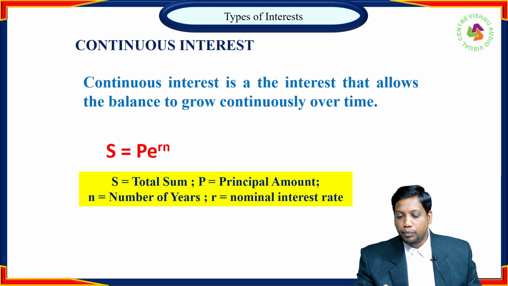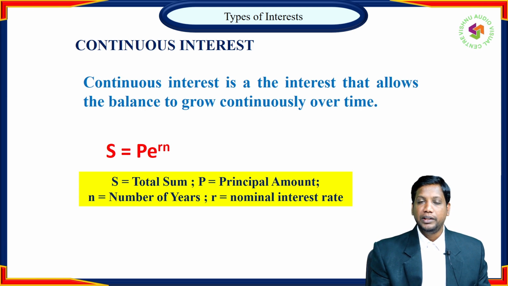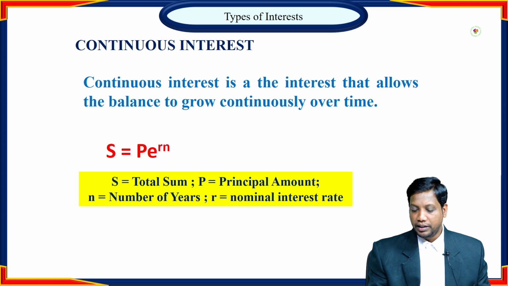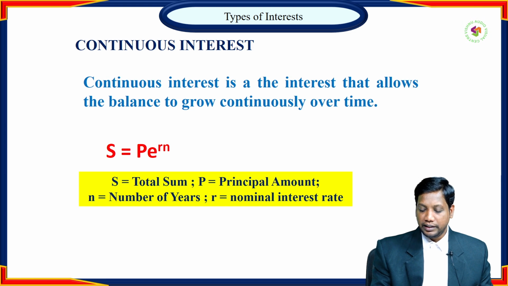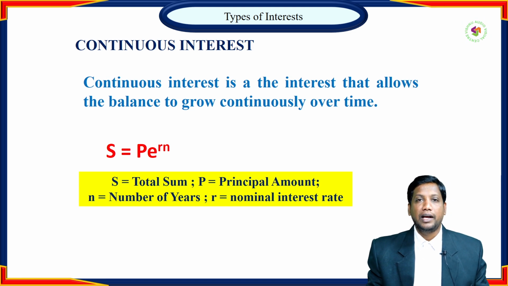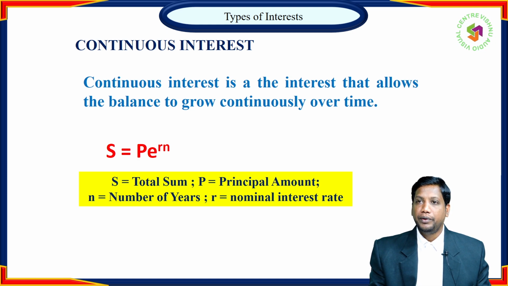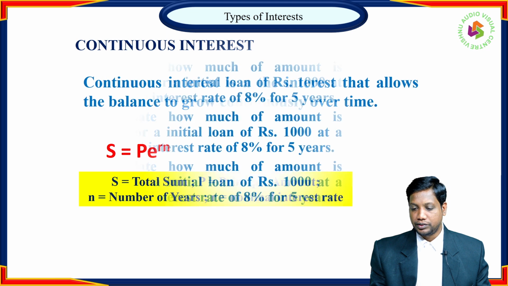So S equals P into e power Rn. Here P is the principal amount, R is the nominal interest rate, and N is the number of years. By using these formulas, we will calculate the total sum accumulated for a given period of time using simple interest, compound interest, and continuous interest.